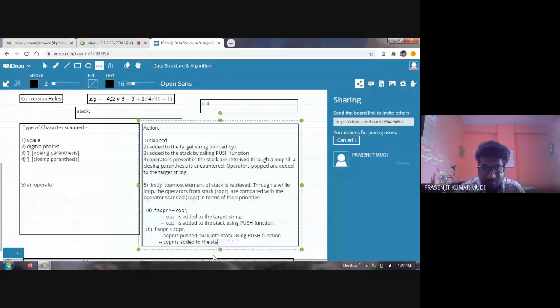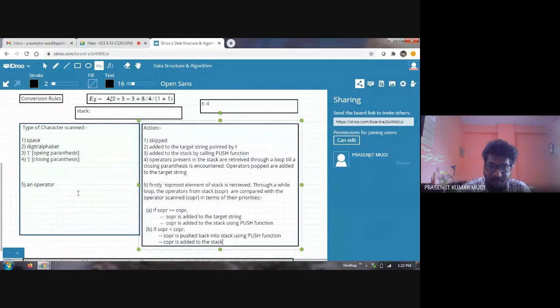It should be stack. Only this is the correction: COPR is added to the stack. So now it's fine. The character scanned is the dollar sign, meaning the exponentiation operator.